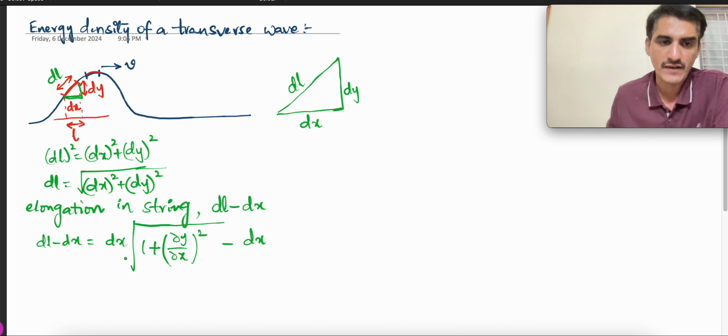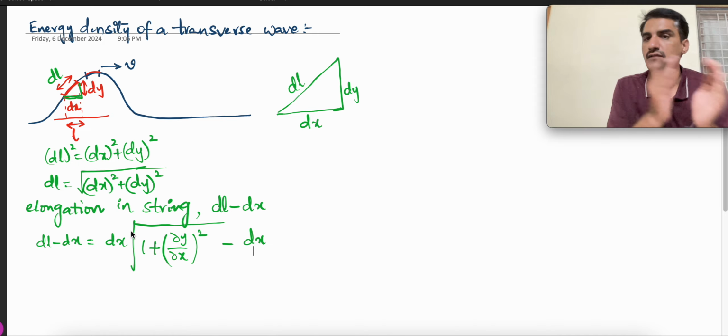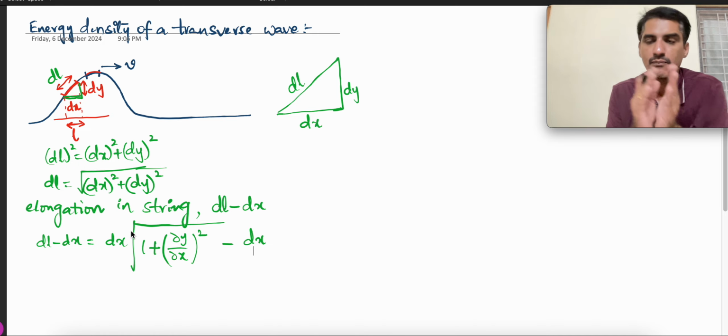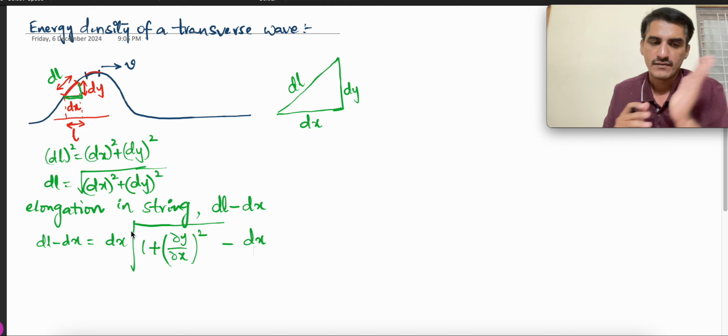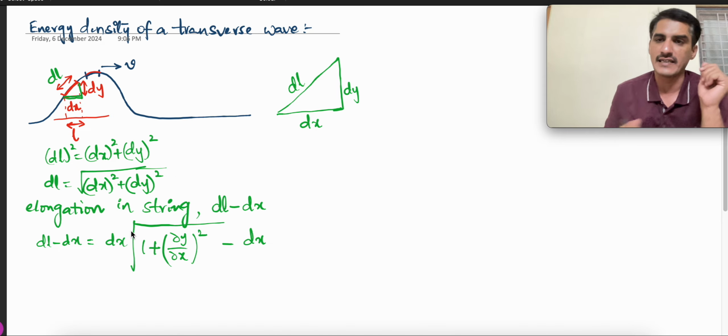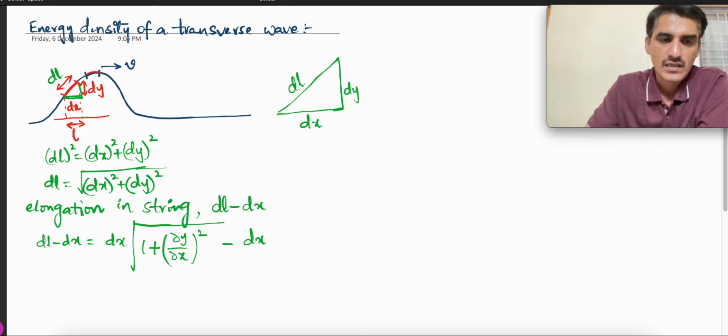First, the dl value I have taken, in that root of dx whole square plus dy whole square. In that I am taking dx square as common, so that I am going to get 1 plus dou y by dou x whole square. So dx square is getting common, right? So root of dx square is what? dx. That's why I have taken dx as common completely.